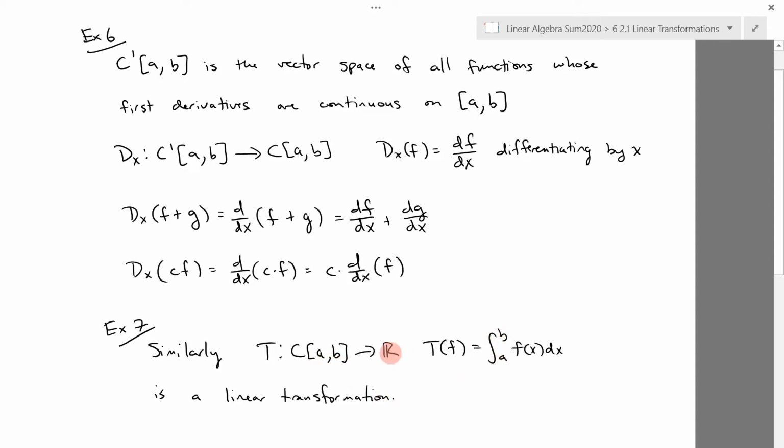So the codomain is just the set of real numbers. And so we can define a linear transformation by taking the definite integral of a function. We know from calculus that the definite integral again obeys these two properties. So this is a linear transformation.